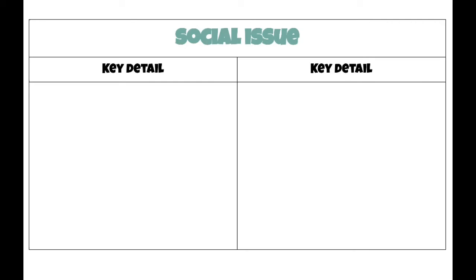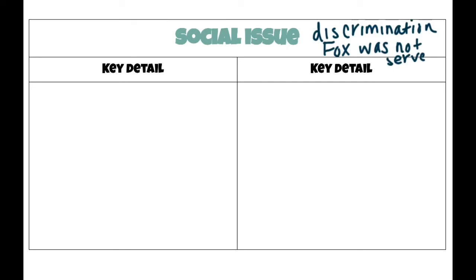So let's think about the social issue. What issue was in here that was a problem? Well, I would say discrimination, because the fox wasn't being served because he was a fox. And we're going to have to talk about 2 key details from the movie that helped us.